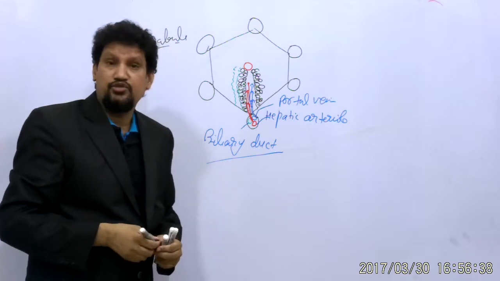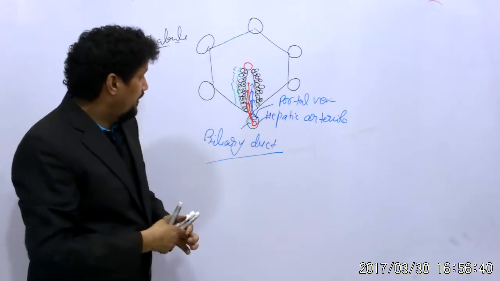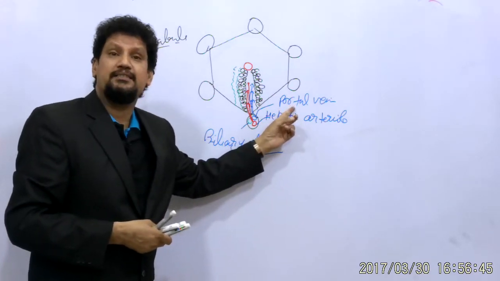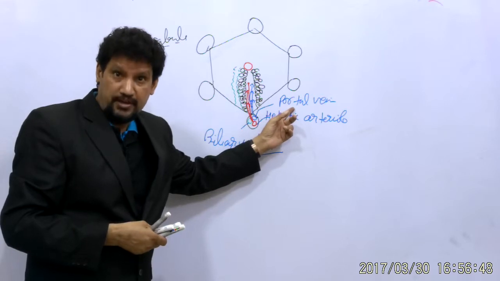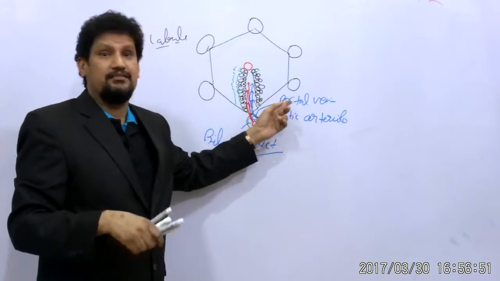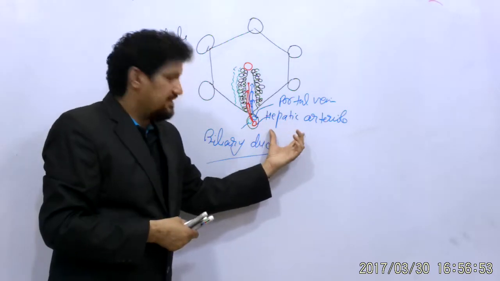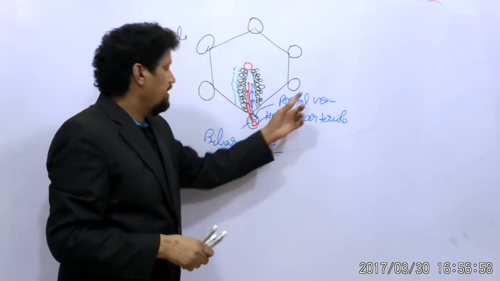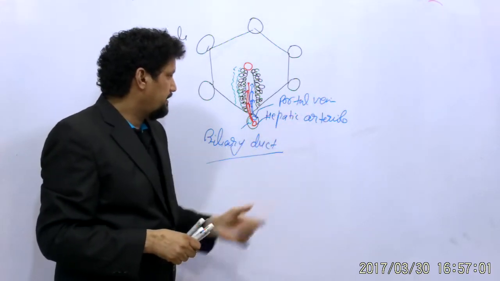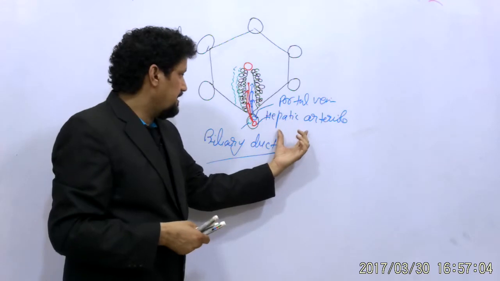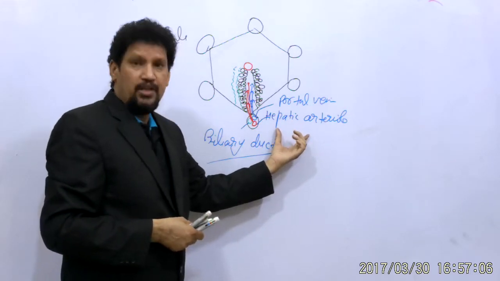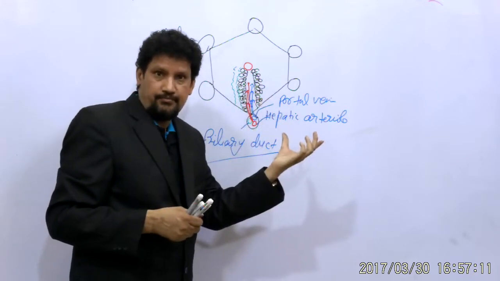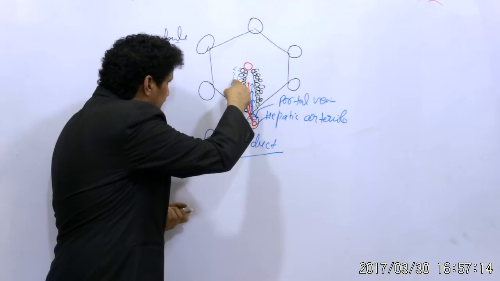The hepatic sinusoid is the space of the liver where the blood from the portal vein, which is nutrient rich but oxygen deficient, mixes with this blood, which is rich in oxygen but poor in nutrients. 80% of the blood is supplied to the liver by the portal vein and 20% by the hepatic arteriole. Both bloods are mixing in the hepatic sinusoid, and this is the biliary canaliculi.